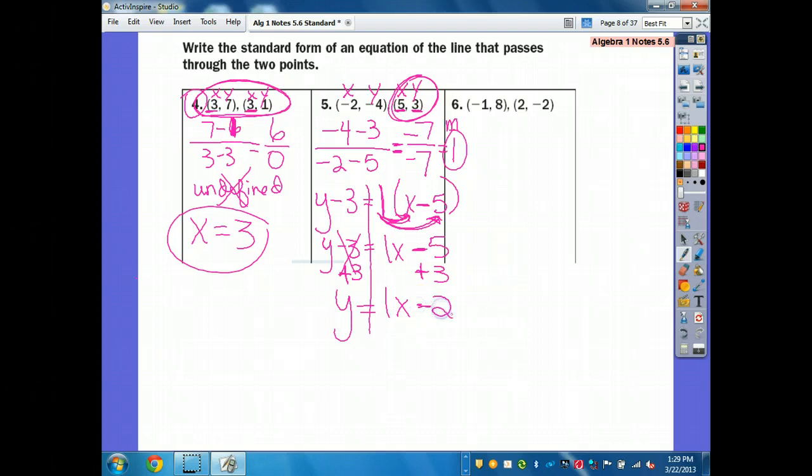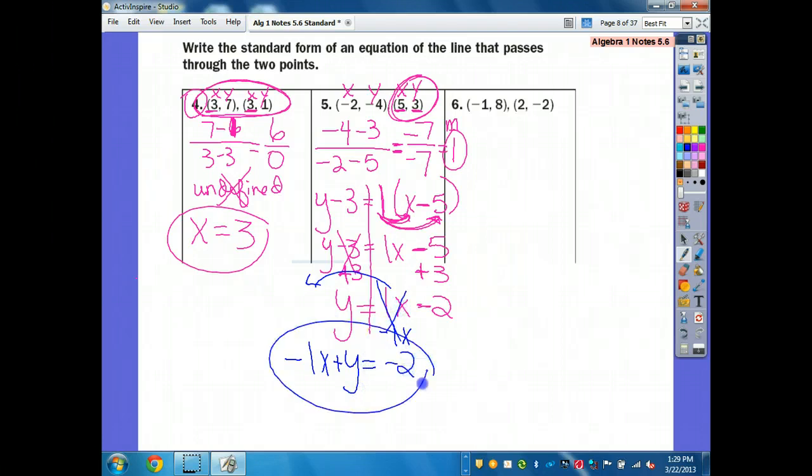Now that's where we would have stopped on our worksheet yesterday, right? Now here, for today, one more step. What do I need to move? Minus 1x. Yes, minus the 1x. We got to get that over here. So now I got a negative 1x plus y equals what? Negative 2. Done, right?